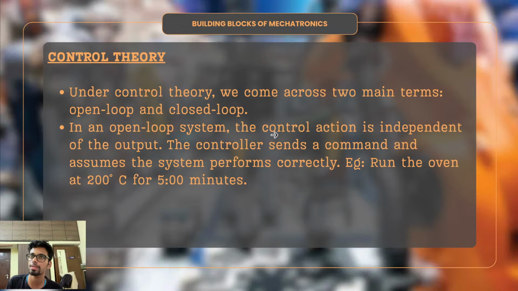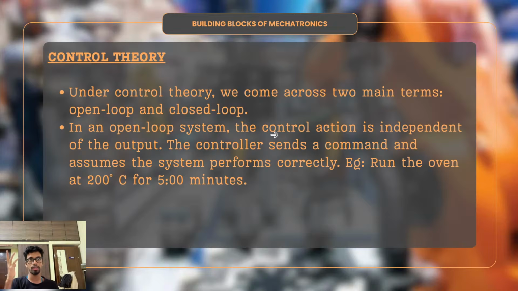Let's take the example of human bodies. Our own temperature, we are warm-blooded animals, so our body temperature is constantly maintained at 98.6 degree Fahrenheit. Correct me if I'm wrong, but I think that's our body temperature, regardless of which part of the world we are in. This is an example of a closed loop control system where it constantly monitors the environment.